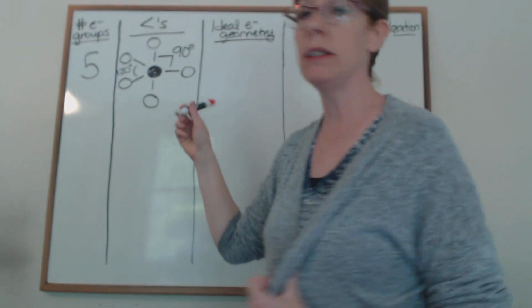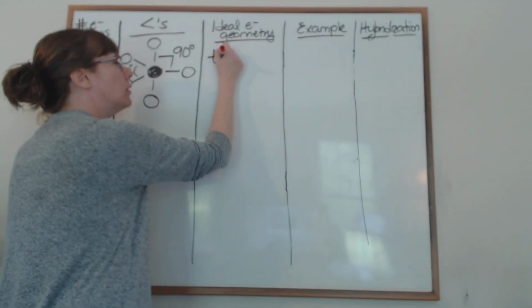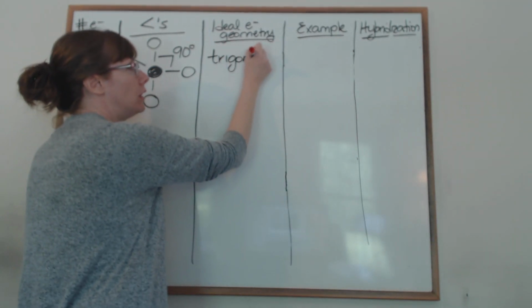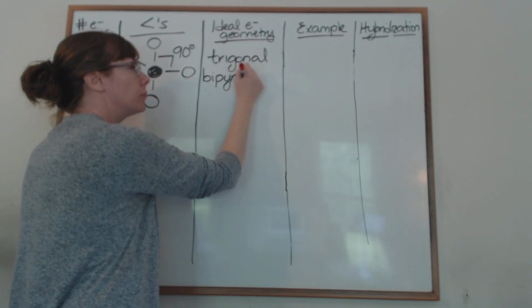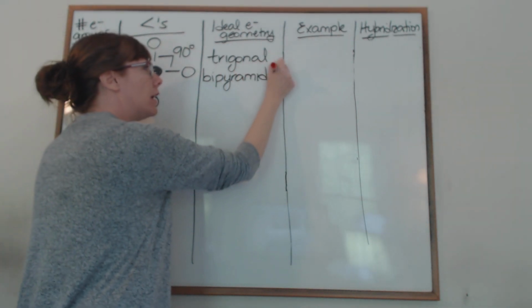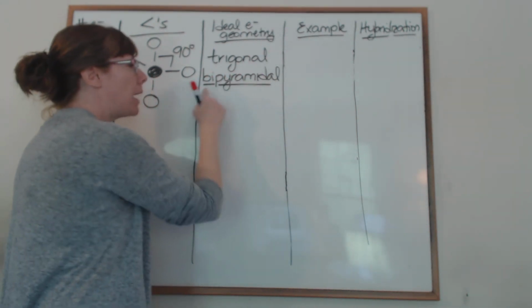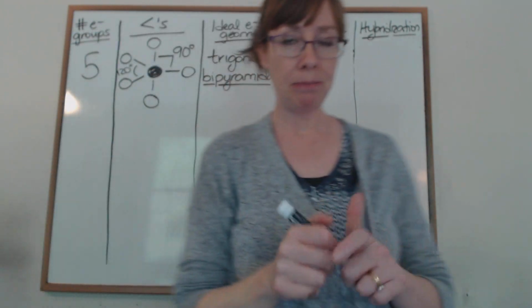What it's called: the electron geometry is called trigonal bipyramidal. Now, bipyramidal means 2 pyramids.